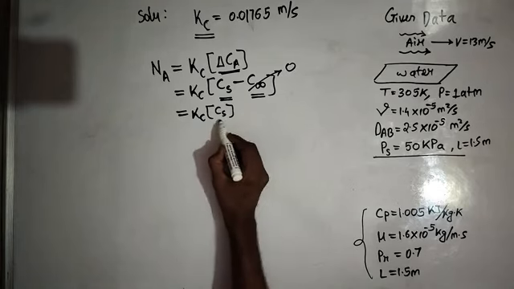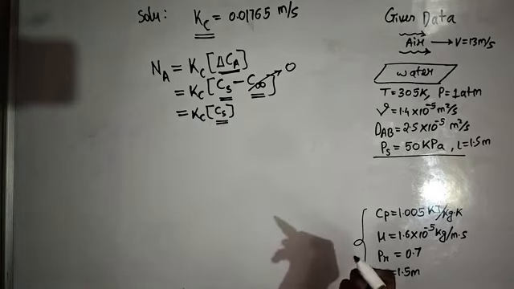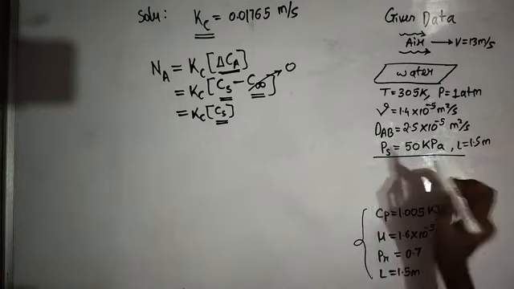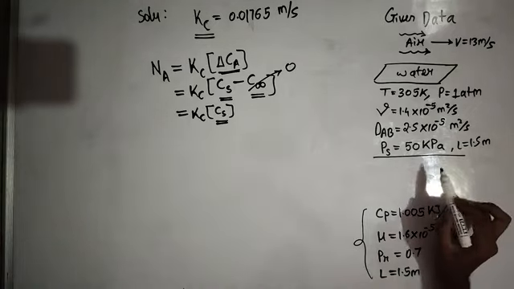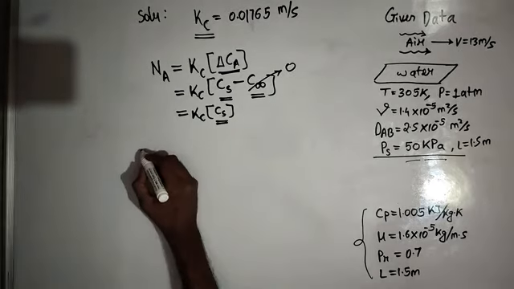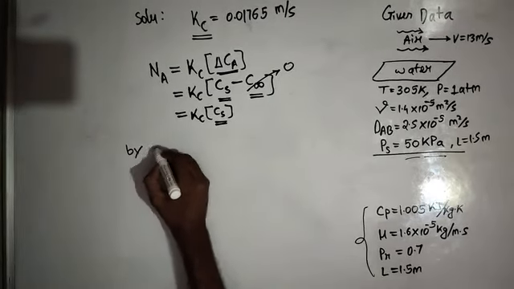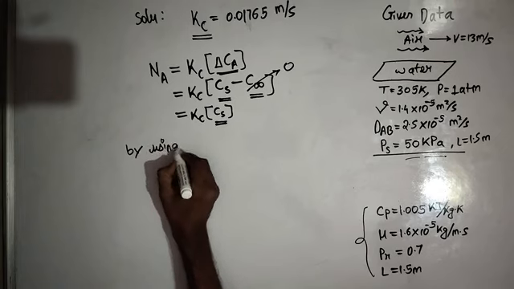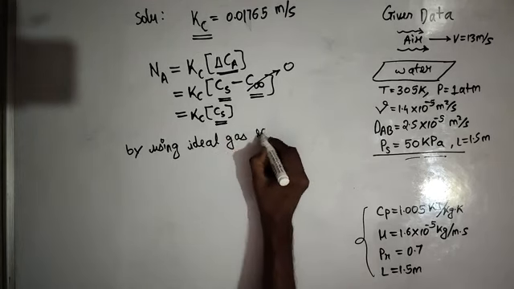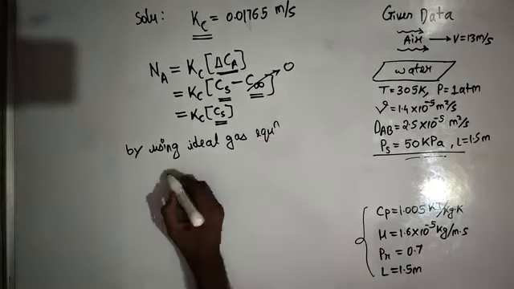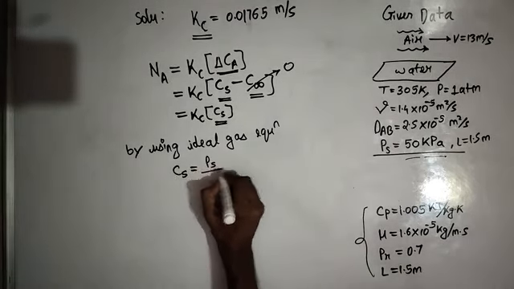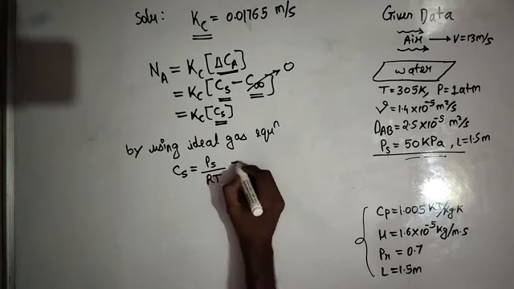But in the problem, we are not provided with the concentration of water vapor at the surface, but we are provided with the partial pressure of water vapor at the surface, which is 50 kilopascal. So by using the ideal gas equation, we get Cs equals Ps by RT.